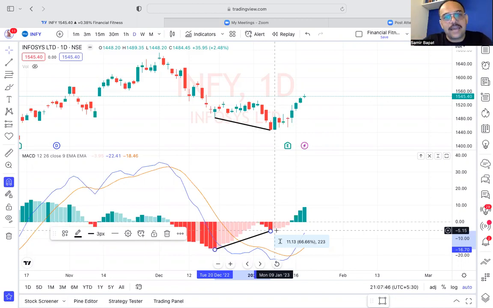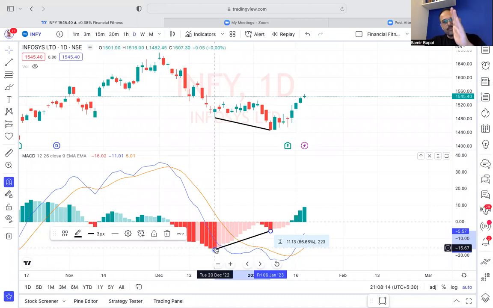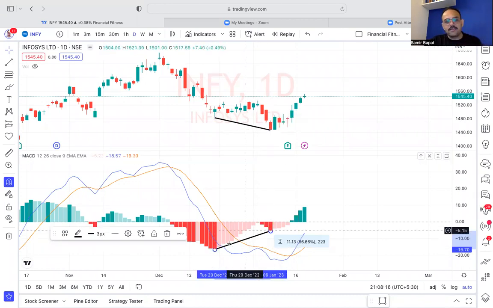This is called divergence. We will look at the same or similar divergence in RSI also. Whenever indicators like MACD or RSI show this kind of divergence, the price has gone down further, but the histogram bottom is still higher.